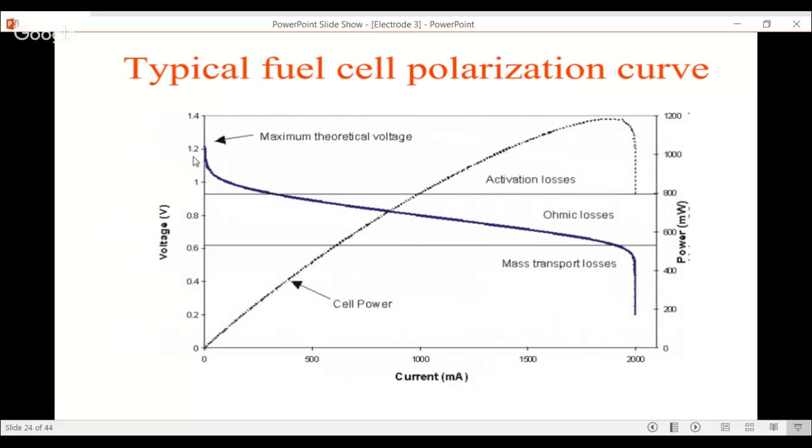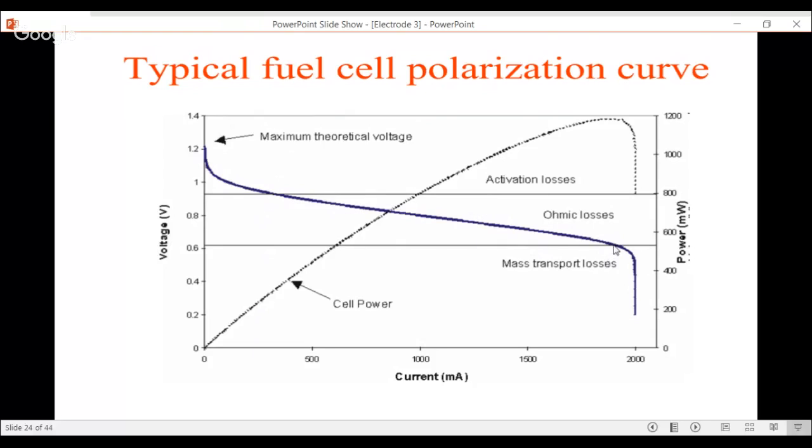So if you look at the V versus I curve, it is the solid line. We will not worry about the dotted line; we will see it later on. What we are seeing is there is a drop of the voltage with the current in the initial range. The maximum theoretical voltage is 1.23, but even at a very small current, less than a milliampere, around 250 milliamperes, the voltage becomes 0.9.